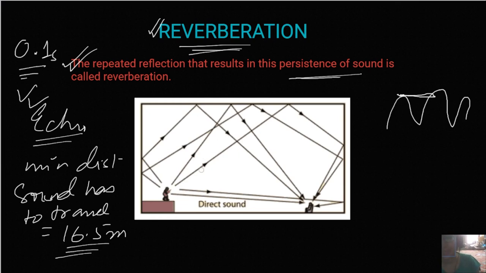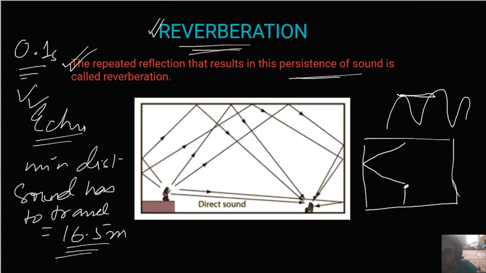So, repeated reflection. So, what does it say? It means that when you are present in a huge hall, like a huge ceremonial hall or a huge conference hall, and you are here. Whenever you're producing a sound, it is not just undergoing one reflection, it is going through multiple reflections. So it gets reflected here, then here, then here, then again coming back.